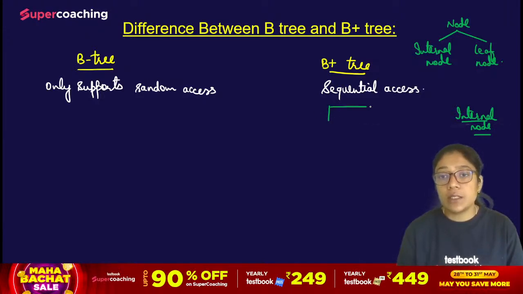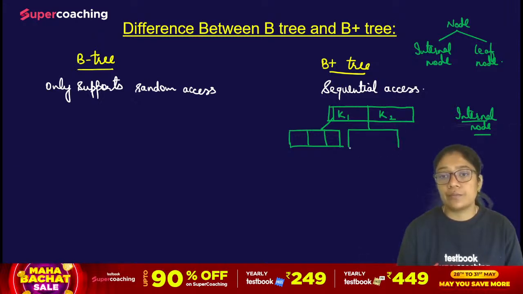So if there is some entry, this is some key. Here we will be just having the keys, key 1 and key 2, and to the left there will be one block. Okay, here there will be a few keys. There will be another block. यहाँ पे भी आपके पास कुछ keys आएंगी, and there is another block.